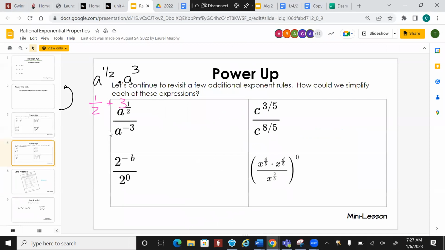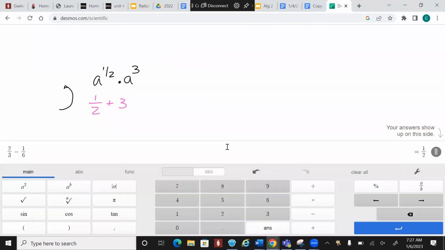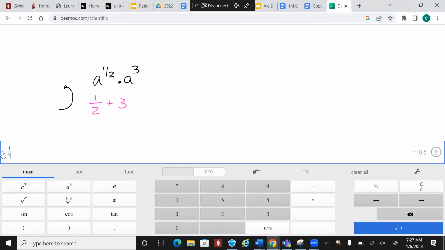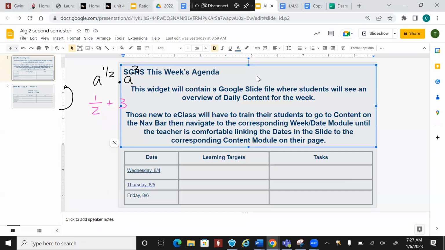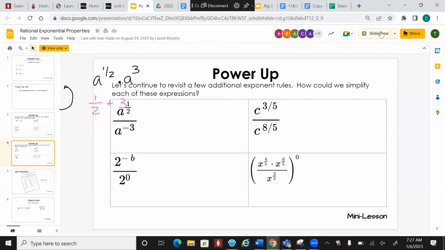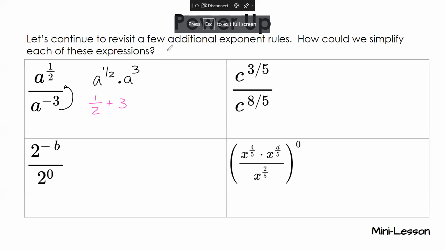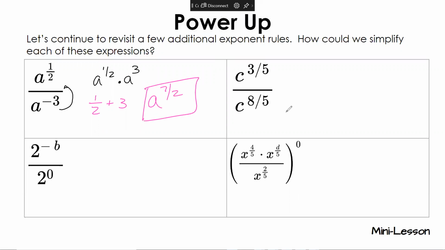So I'm going to go into my Desmos scientific calculator, and I'm going to type 1/2 plus 3, and you got to be careful about how you type this in. That gives me 3.5. If I want to change to a fraction, I'm going to hit convert to a fraction. So that's going to be 7/2. So this is going to be a to the 7/2. Ta-da.